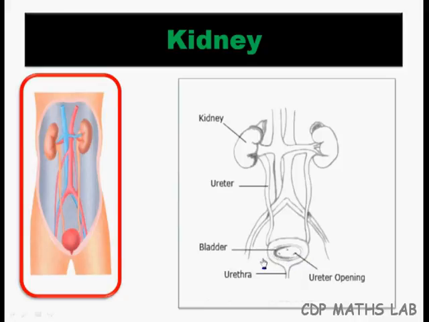Urine. Now we also have the outer opening of the bladder. So we also have a tube running from the bladder, otherwise called the urethra.